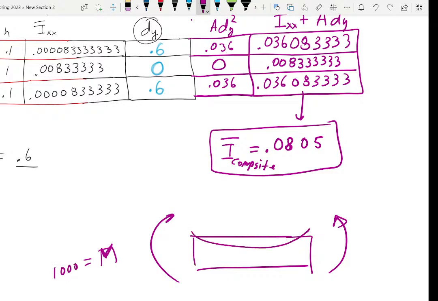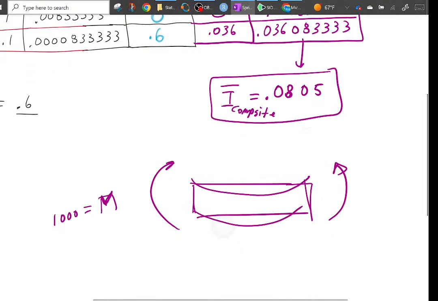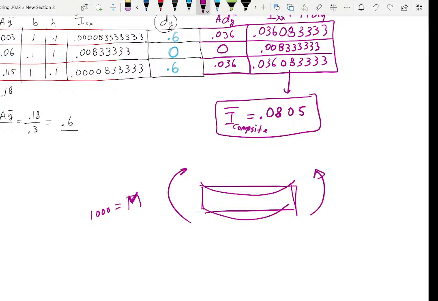So the beam sort of tilts and twists down like that. If you take a beam and do that, internally you see a stress diagram that looks like this. So it's like a linear variation of stress.